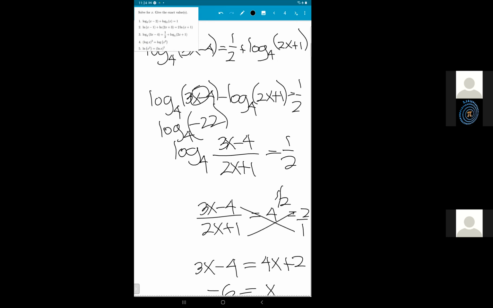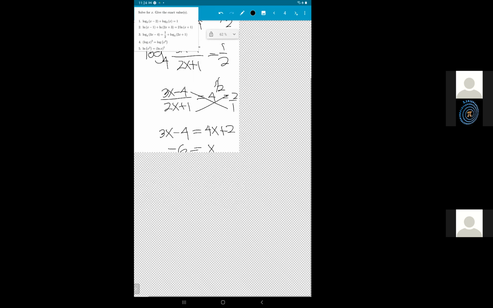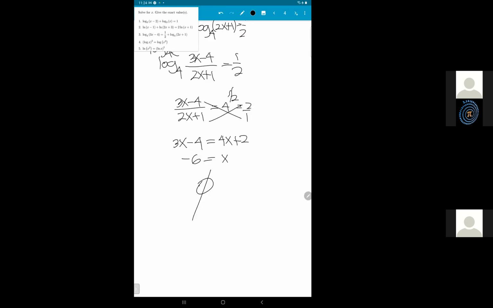So if there is a multiple choice question and you see none of the above or perhaps an empty set, that would be the one you have to choose, or you just write none if it's a fill in the blanks.